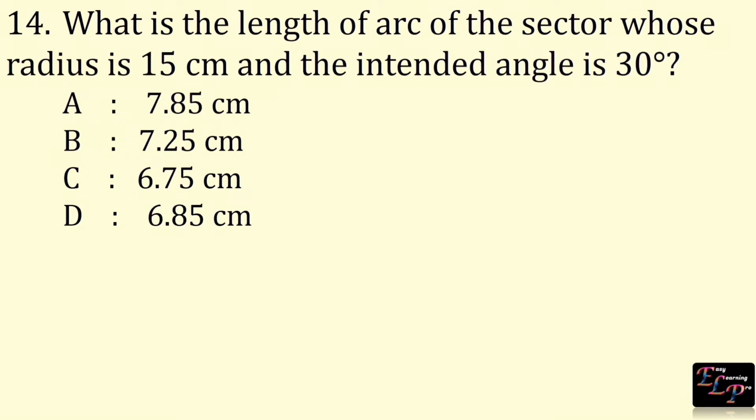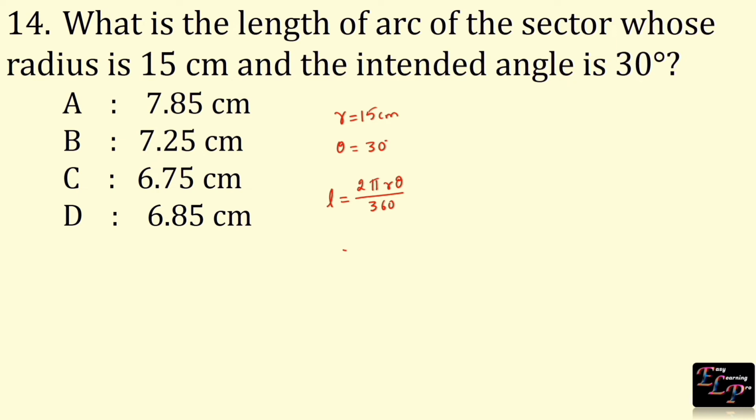What is the length of arc of the sector whose radius is 15 centimeter and the intended angle is 30 degree? Radius is given as 15 centimeter and angle theta is given as 30 degree. Length is given by 2 pi r theta divided by 360.